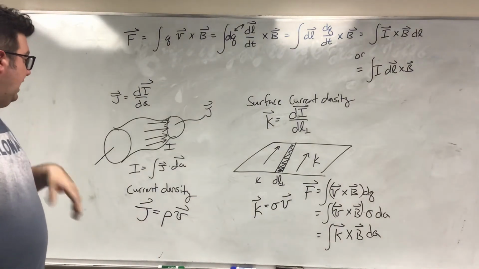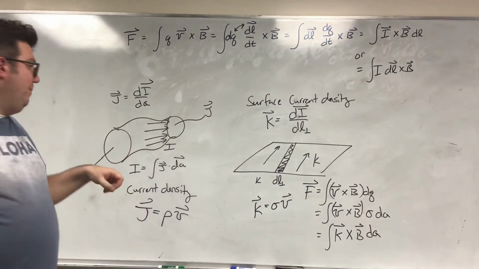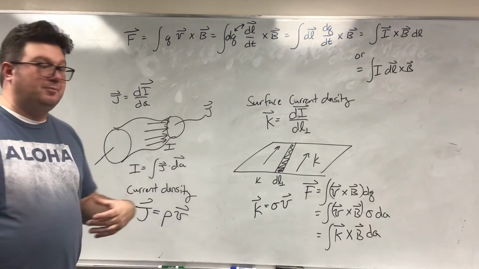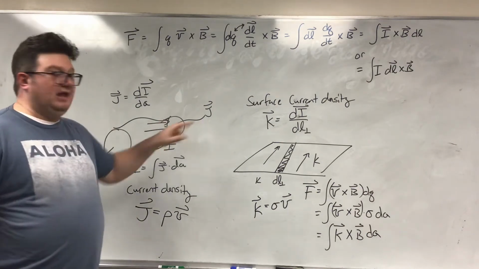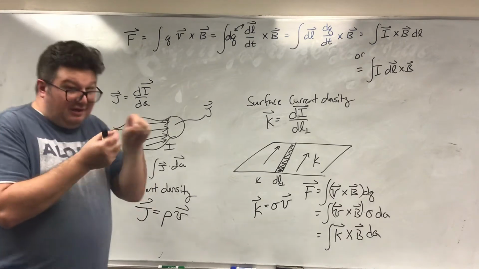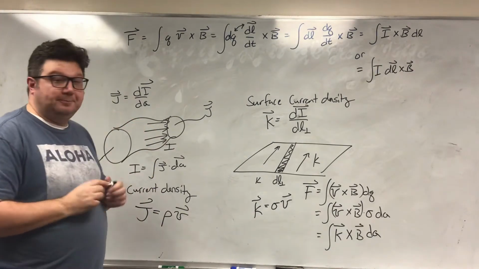The way I like to think of J is to imagine a wire made up of a whole bunch of little tiny strings that are infinitesimally small. Each string has a charge per area, where that's the front face of the tiny string.